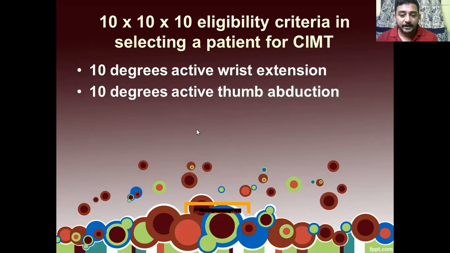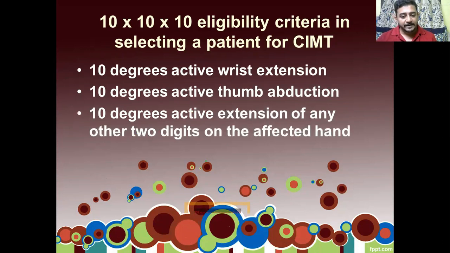10 degrees of active thumb abduction. So thumb abduction means movement along the plane of the fingers. When the person is doing an abduction, the thumb comes in opposition to all four fingers. So 10 degrees at least. 10 degrees active extension of any other two digits, at least two digits.